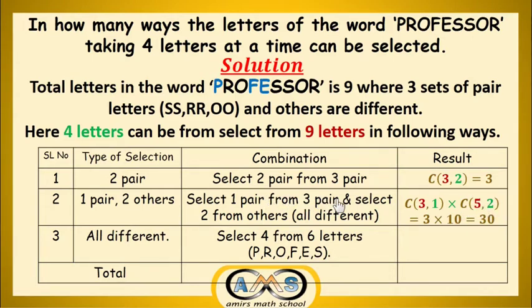Here there is an AND, so according to the AND rule, we have to multiply these 2 values: C(3,1) is 3 and C(5,2) is 10. So 3 times 10 is equal to 30. In the last case, we have to select 4 letters from 6 letters, so the result will be C(6,4), which is equal to 15.